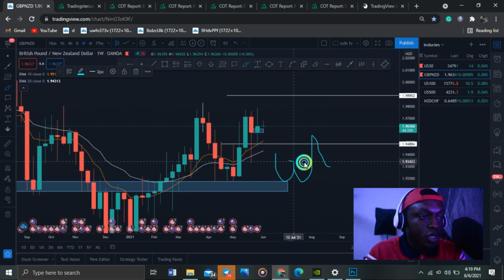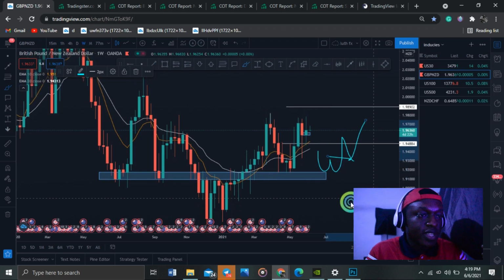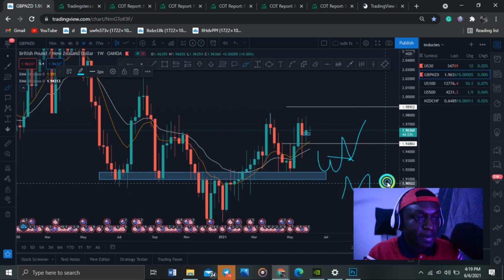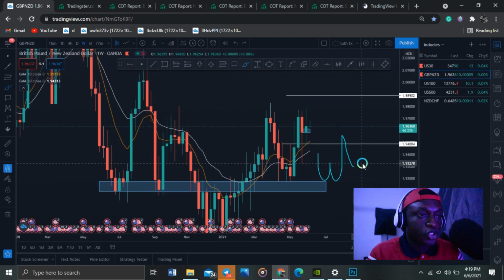To come all the way back to the neckline for any continuation to the upside, and it's vice versa. Whenever we see an M formation in the market, you're expecting price to come all the way back to the neckline for any continuation to the downside. So this is bearish and this is bullish. That's the bearish and bullish pattern that I just drew.